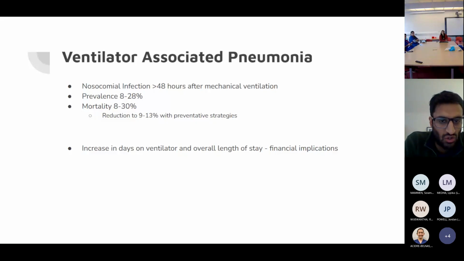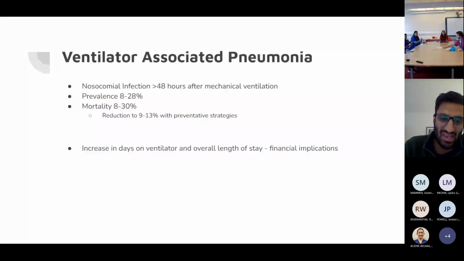But importantly, new research is suggesting that, particularly with mortality, with preventive strategies around ventilator-associated pneumonias, we can reduce our mortality by about a third, to 9 to 13%. So there's scope for improved practice to really help with our patient outcomes.